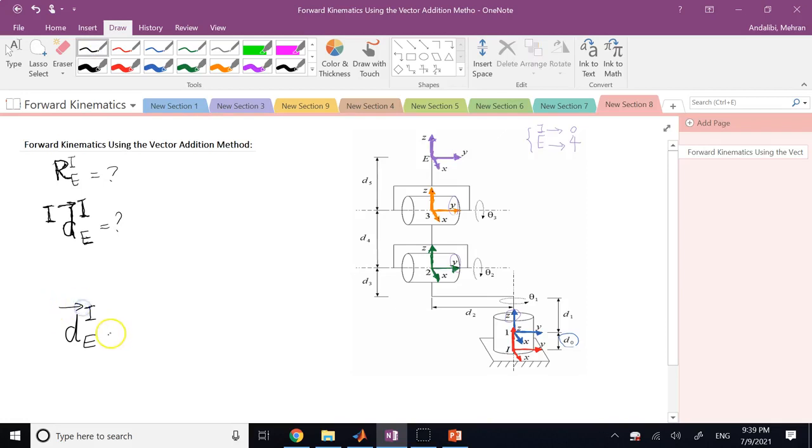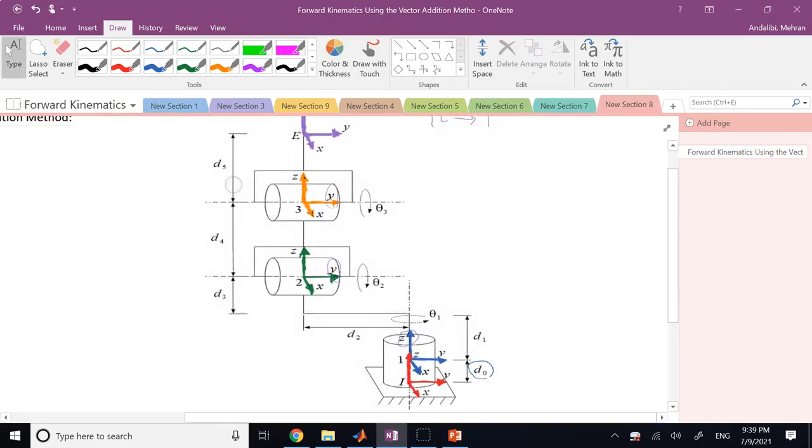what? If I want to show it here as a vector, it goes from what? Goes from origin of I to origin of E. So let me use some vector and write here if I can. So there's this vector.